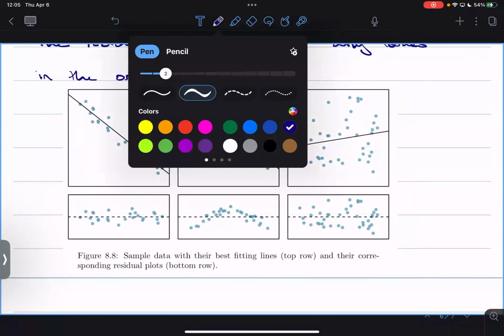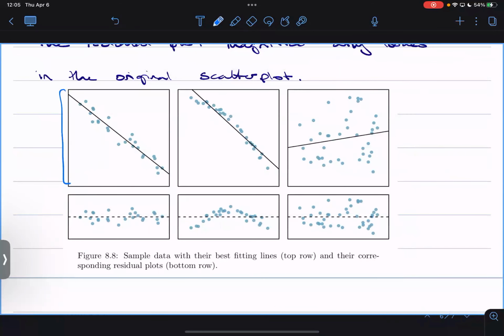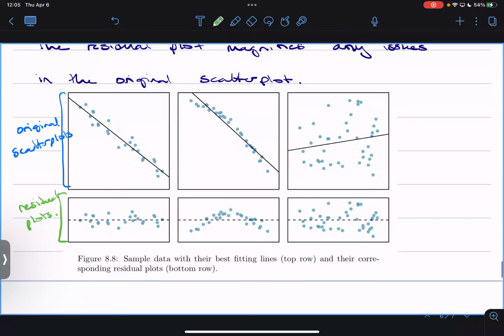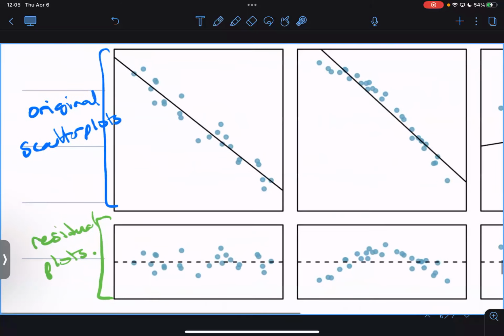Here you've got the original scatter plots, and down here you have the residual plots. So here in this first plot, I'm going to zoom in. The original scatter plot, when I look at this, I say, okay, it looks good.